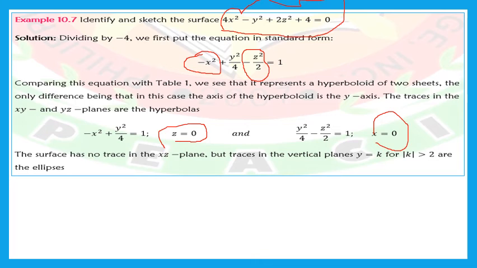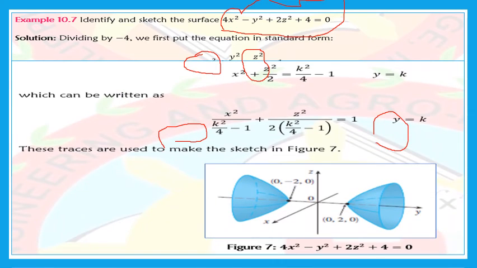Okay. But traces in the vertical planes, y equals to k. Kung ilet natin si y equals to k naman, for k, the absolute value of k greater than 2, are ellipses, which can be written as like this. Okay, so x squared plus z squared over 2 equals to k squared over 4 minus 1 at y equals to k.